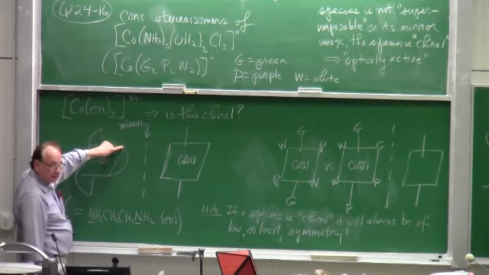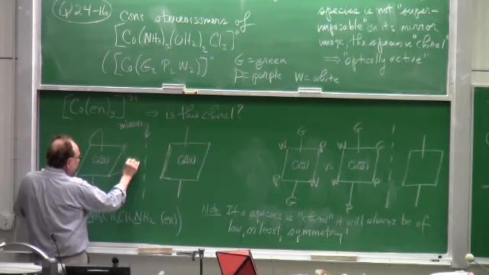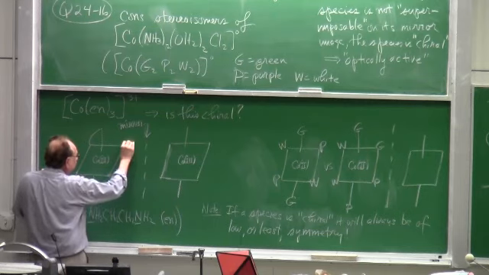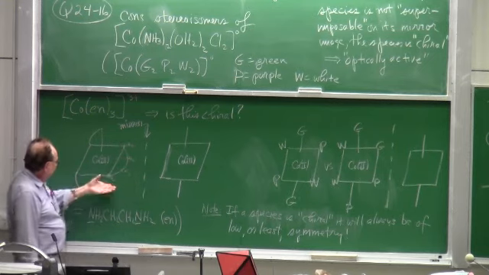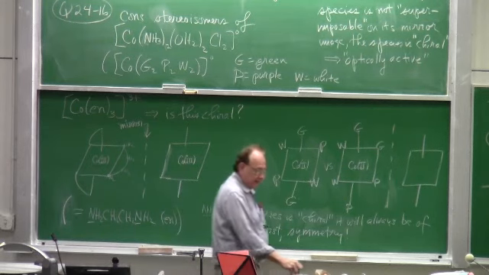Here, for example, is a nitrogen atom, CH2, CH2, NH2. NH2, CH2, CH2, NH2. But if I draw all that stuff, the picture is going to get awfully complex.